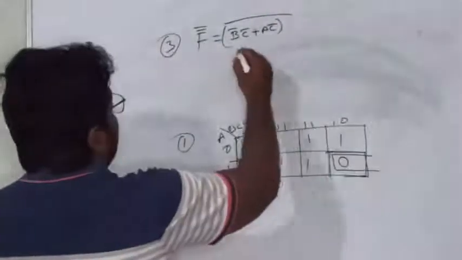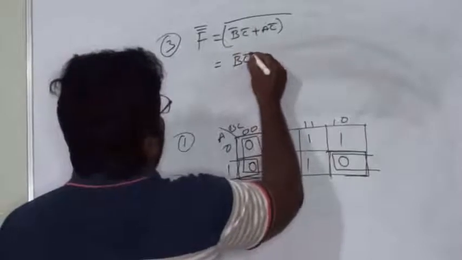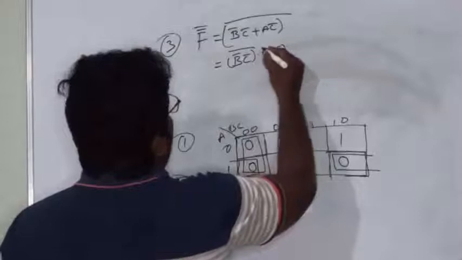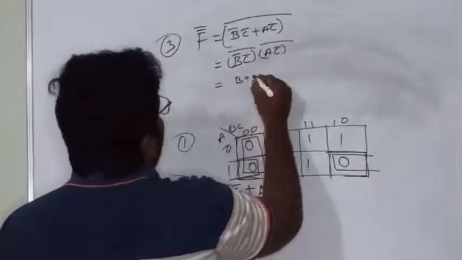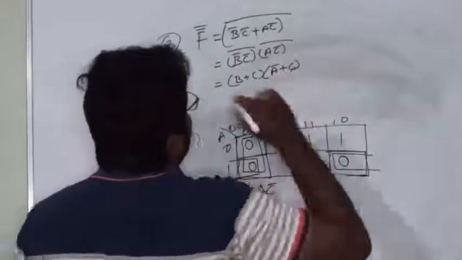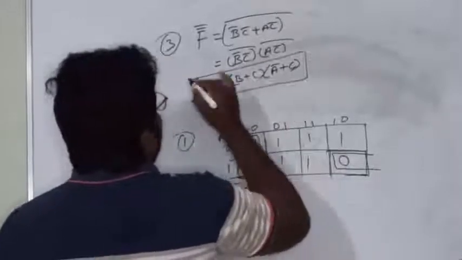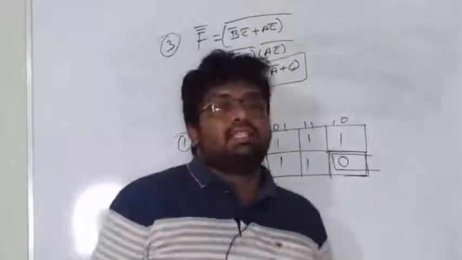So this is equal to B complement C complement whole complement times A C complement whole complement. Now this becomes B plus C into A complement plus C. So this is equal to F. This is the minimized or reduced Boolean algebraic expression.